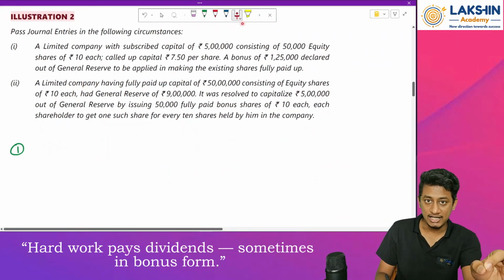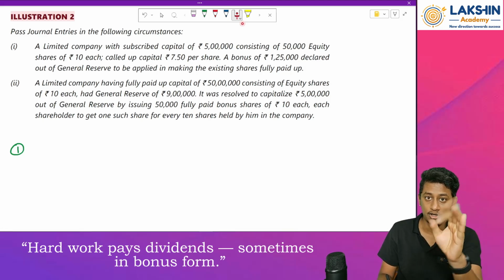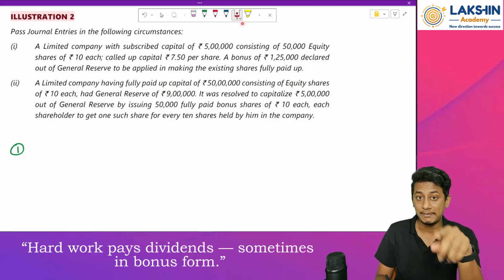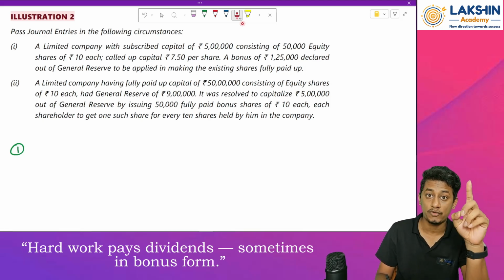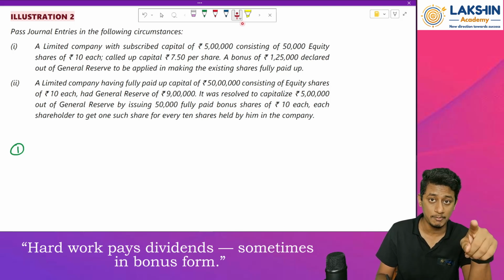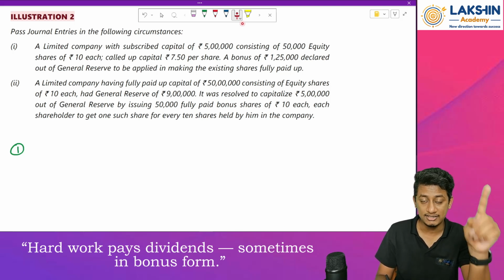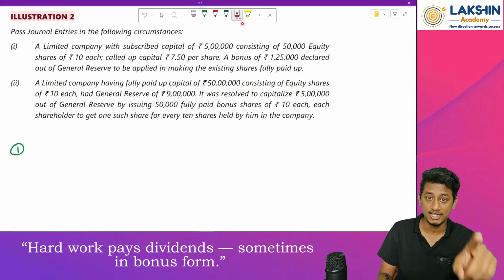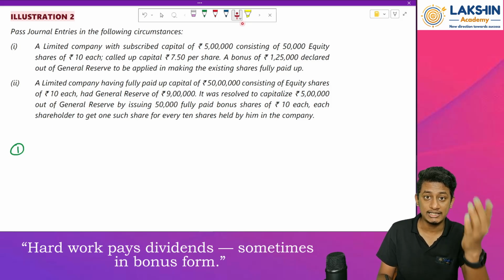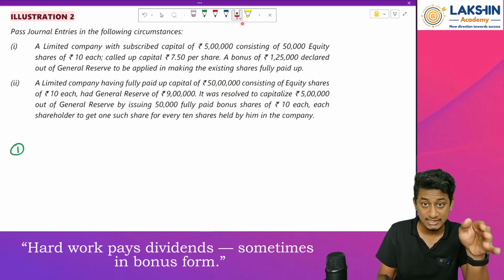So general reserves, whenever general reserve decreases, will the entry be debited or credited? It will be debited. Why? Because general reserve is a part of the share capital. Remember I have told you before, general reserve is a part of share capital. Whenever it decreases, the entry will be debited.